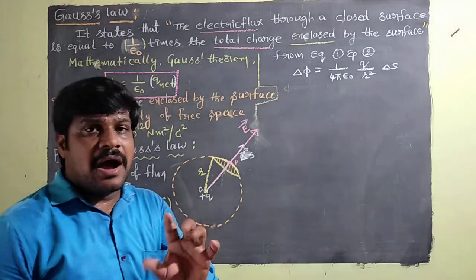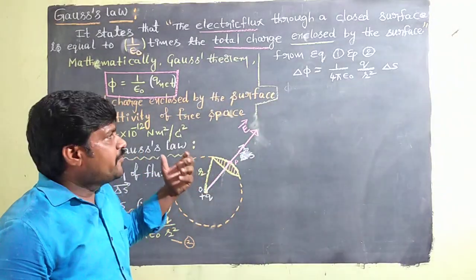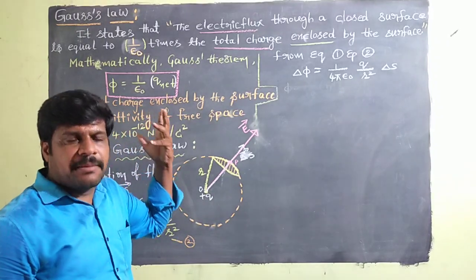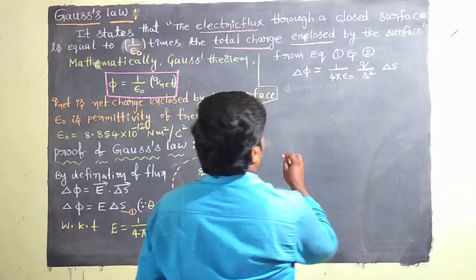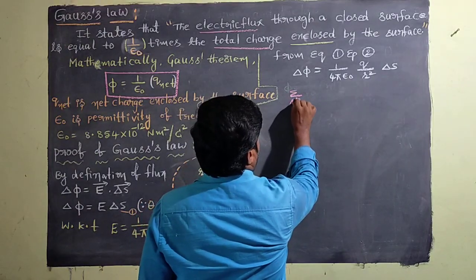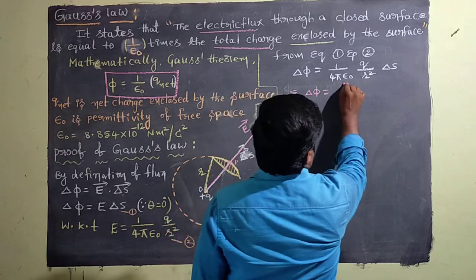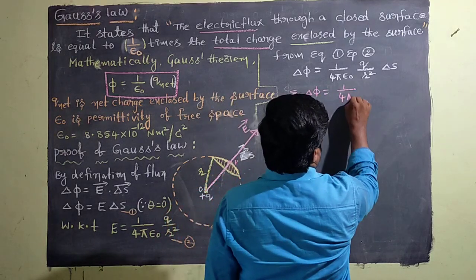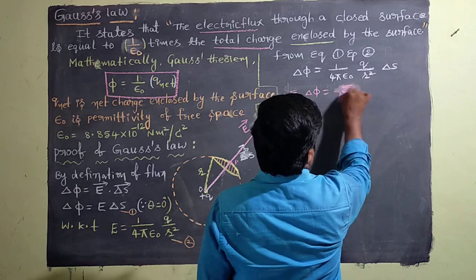Delta S is the small area on the sphere. Like this, we may consider a number of areas. In that case, the total electric flux is the summation of all delta phi, which is 1 by 4 pi epsilon naught summation.